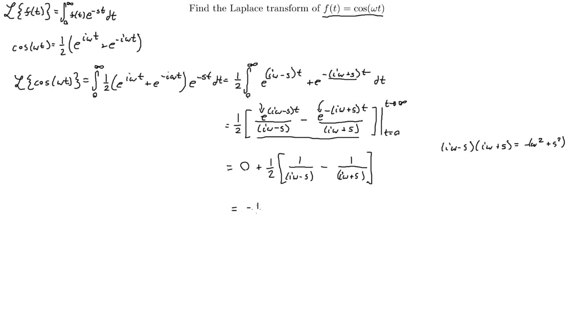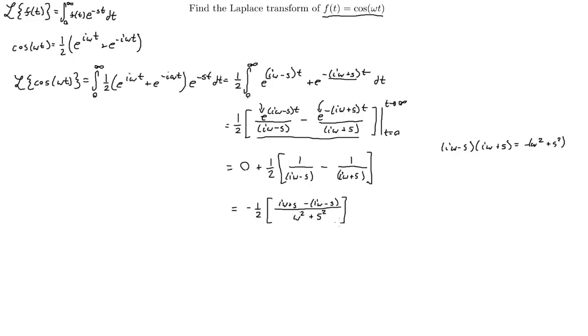So we're going to get a negative 1 half, and we'll have omega squared plus s squared. This is going to be i omega plus s, and then we're going to have minus i omega minus s, right?